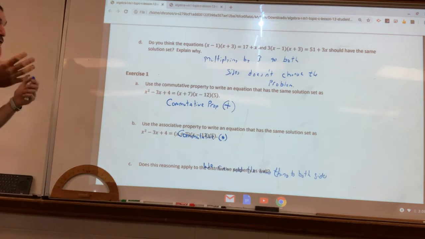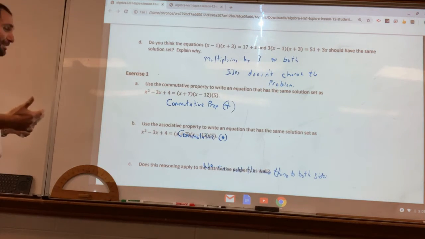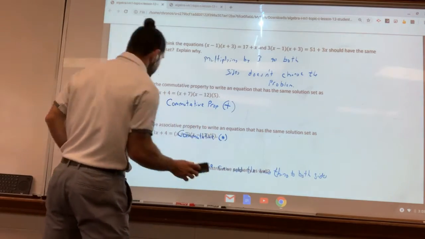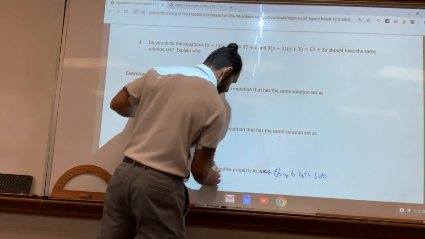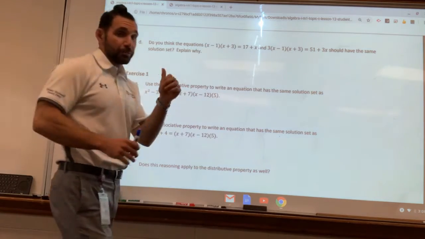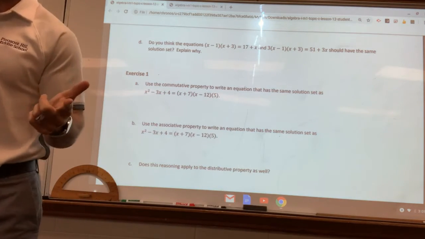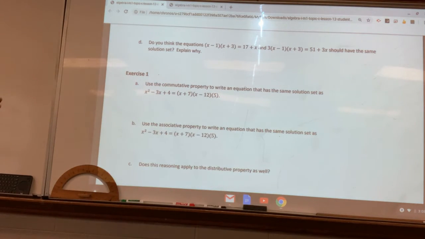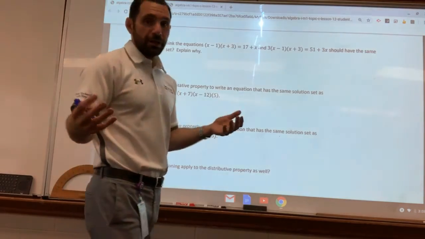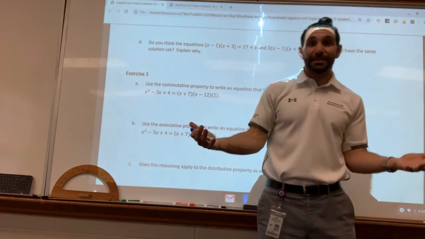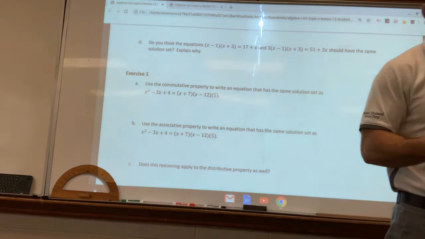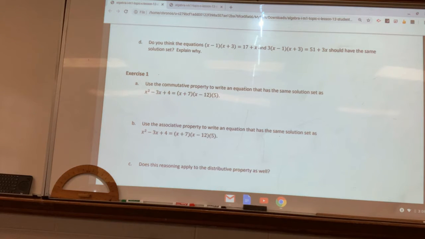When we do something to both sides, it does not change the integrity of the problem. The key to this whole lesson is understanding the commutative property, the associative property, the distributive property, the additive equality, so additive equality means if I add to this side, I add the same thing to this side. The multiplicative equality, if I multiply both sides by the same thing, those are all the same.